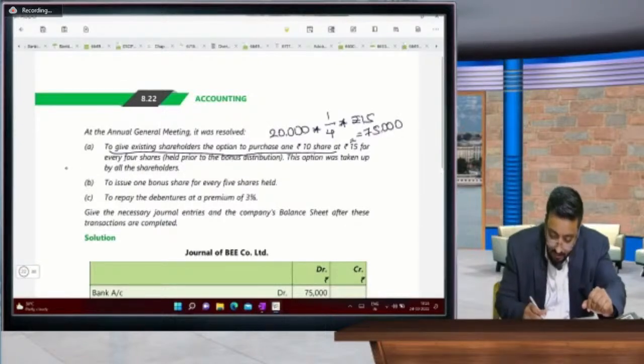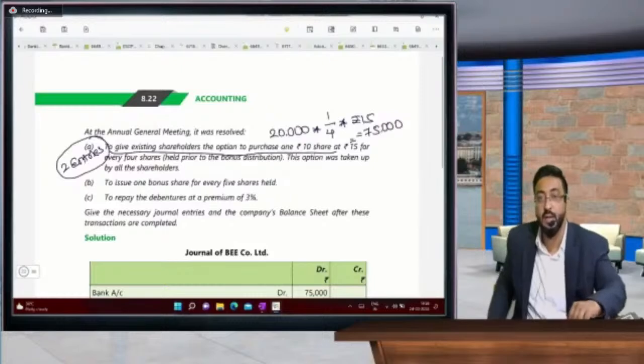How many entries? 2 entries. You can write over there.